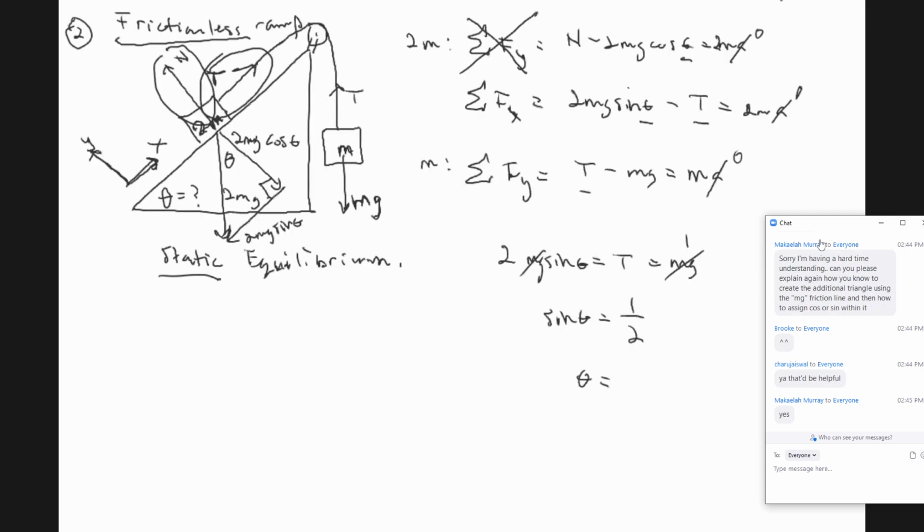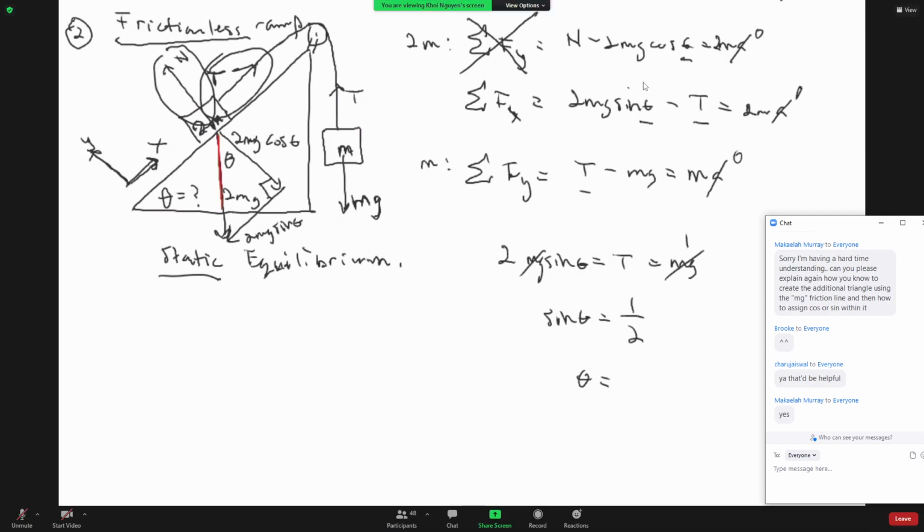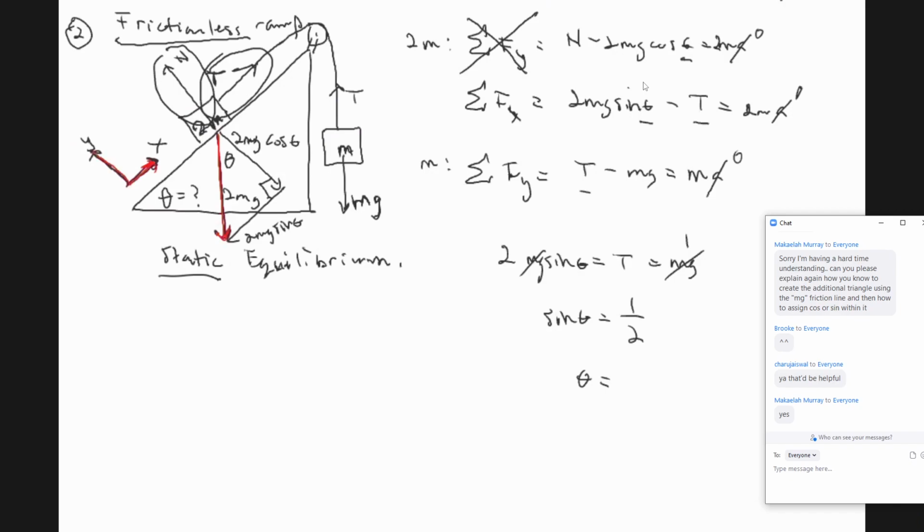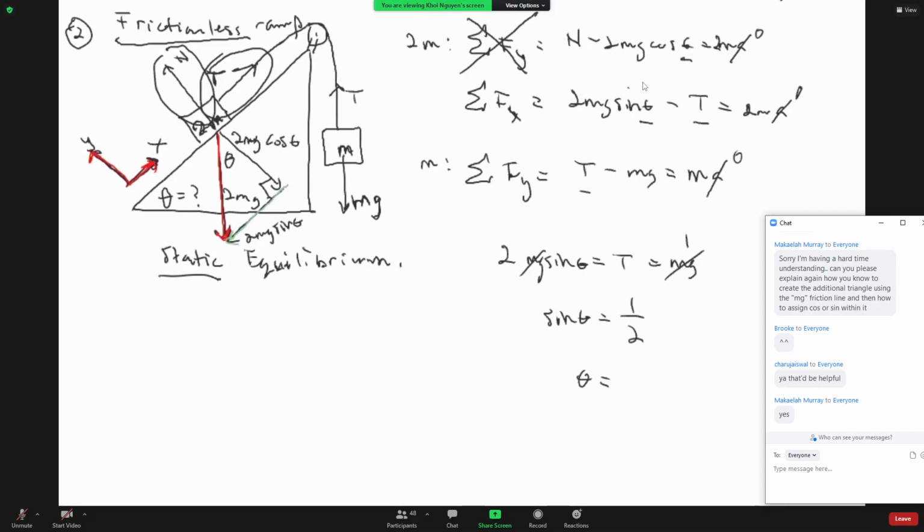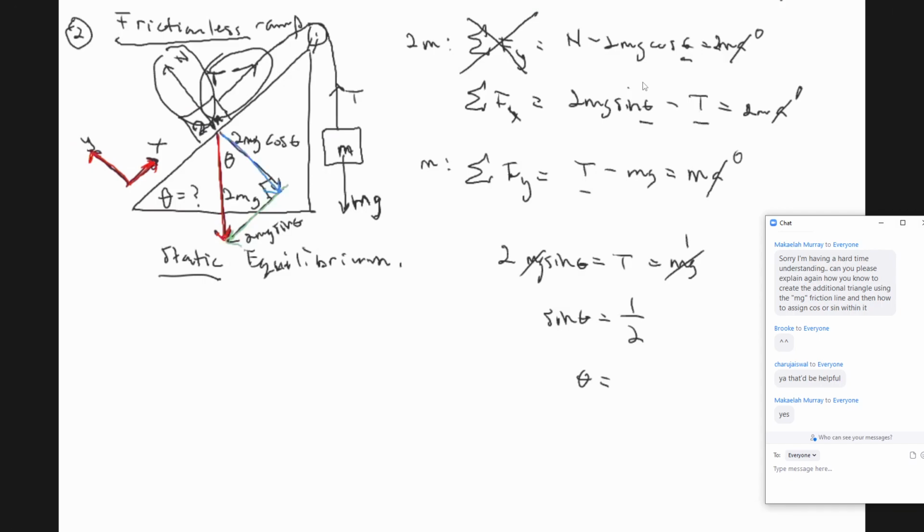Since this weight vector, which is downwards like this, is not along this x or this y direction, I need to find vectors that are along that x direction, like this, and vectors that are along the y direction, like this. So I'm breaking up my weight vector 2mg into a new y direction and a new x direction that matches our new coordinate axes.